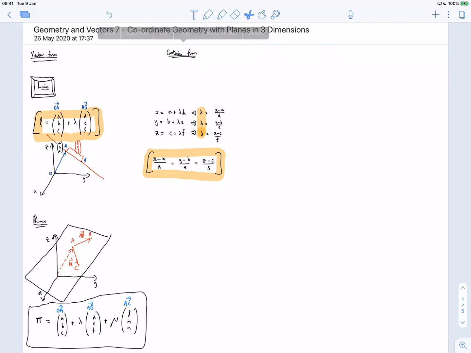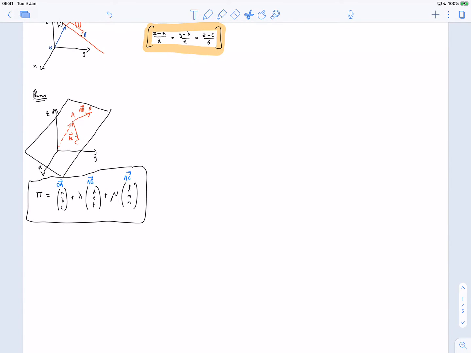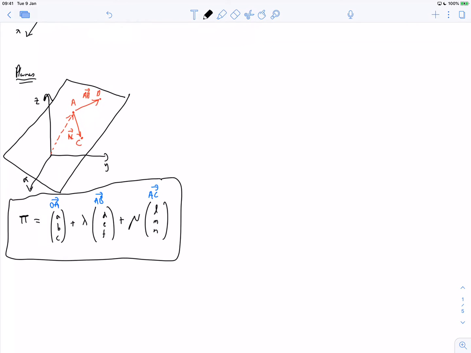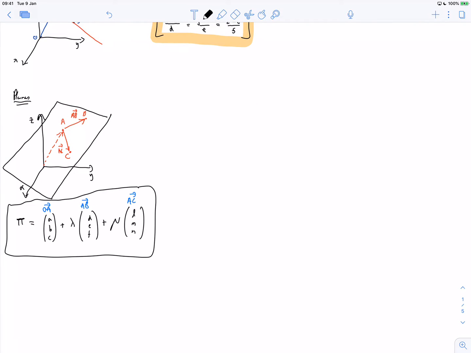To do that, what we need to do is find a vector that's perpendicular not only to AB, but also to AC, so it is perpendicular to the whole plane, and let's call this n, a normal vector.